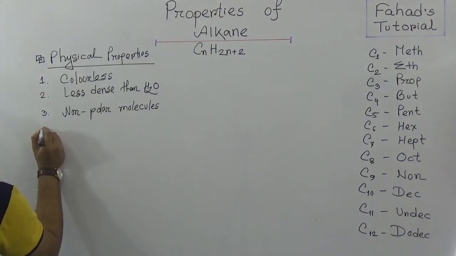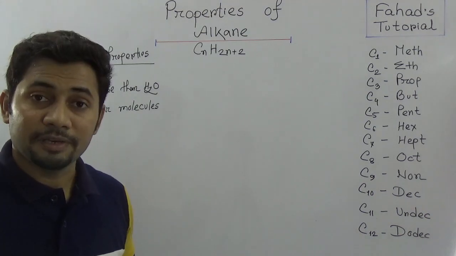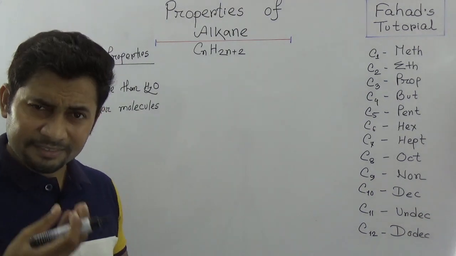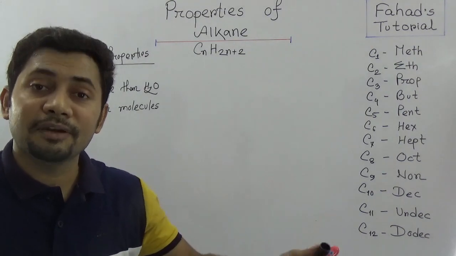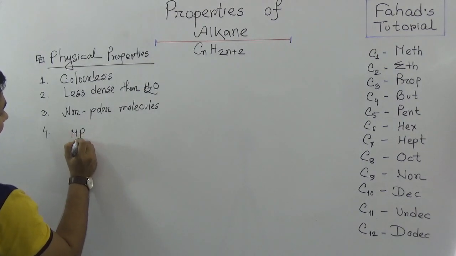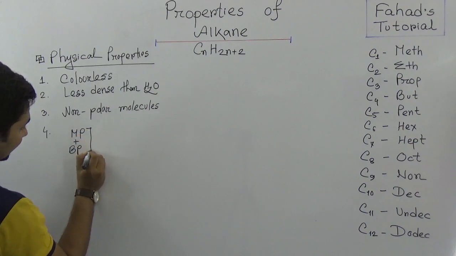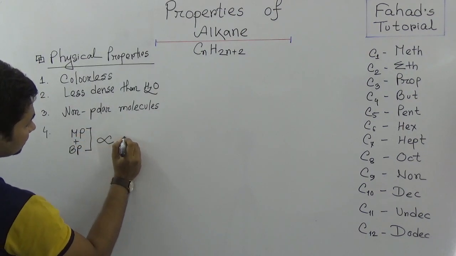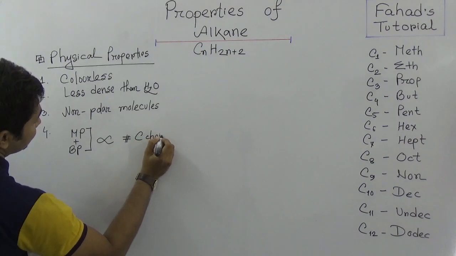Number four, very important. You can say that the melting point and the boiling point, another physical property, depend on the number of carbon. Suppose the melting point and the boiling point of alkanes depend on the number of carbon chain.